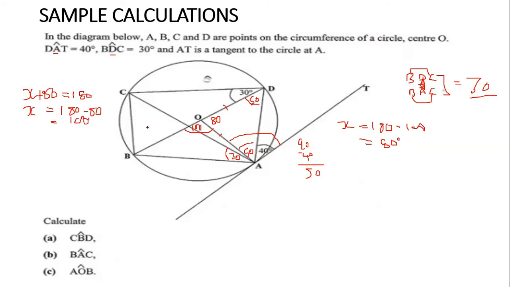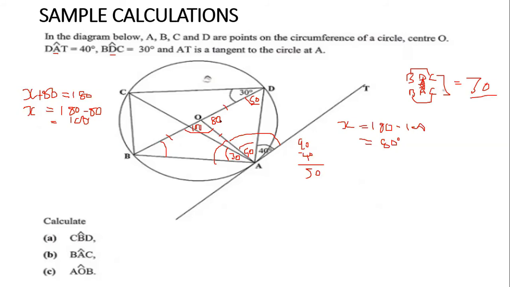So I found my 100 degrees here. Now, because this is a radius and this is a radius, the angle there and the angle there should be the same.